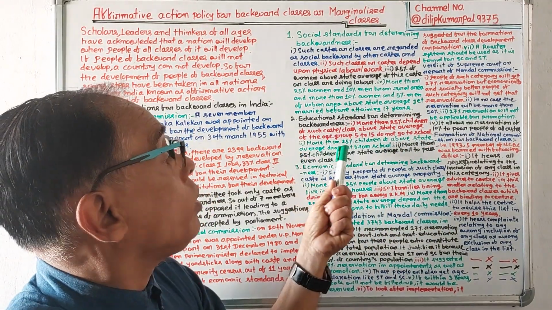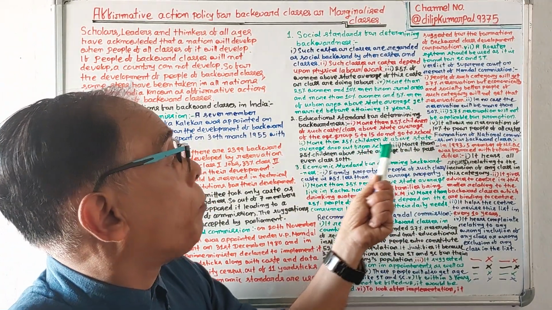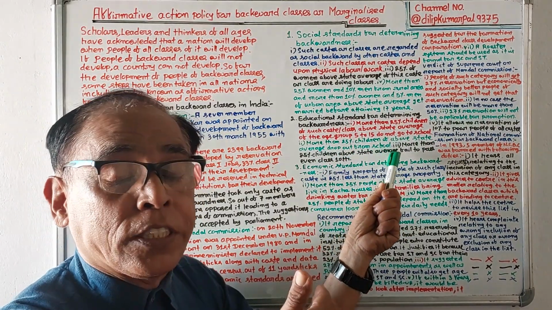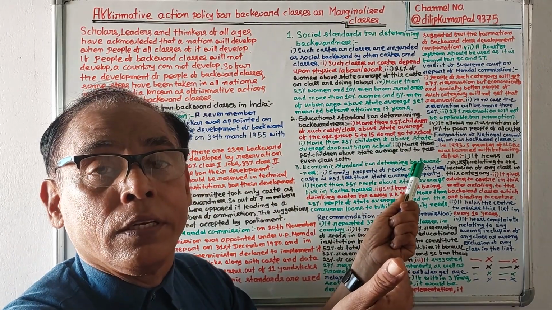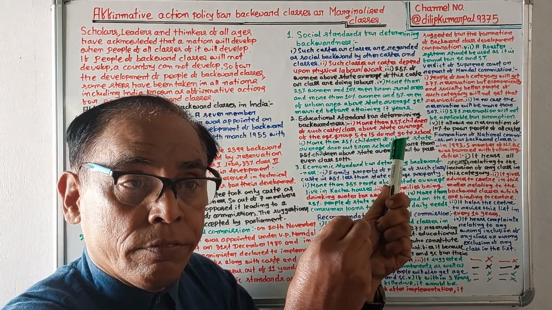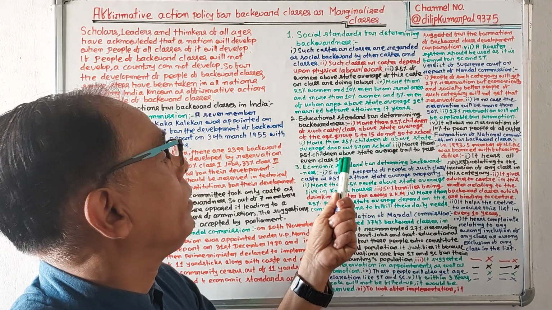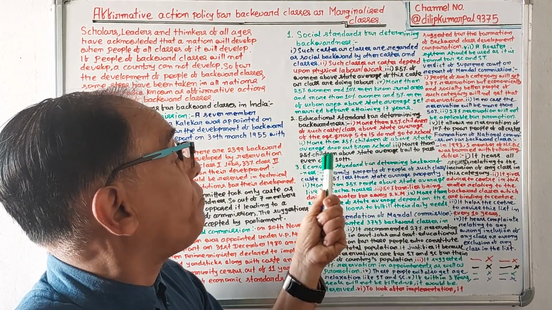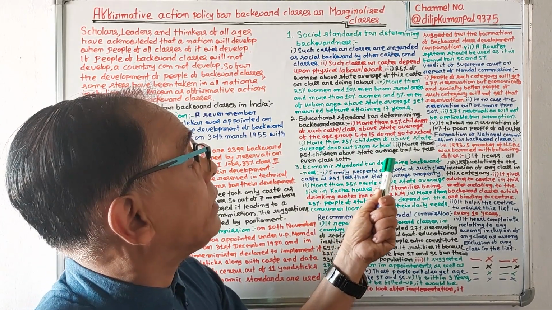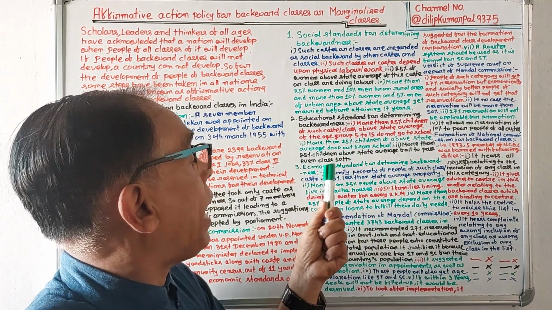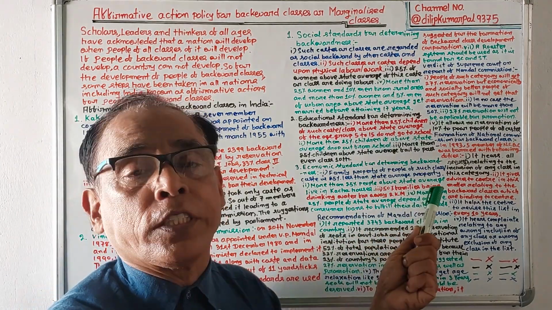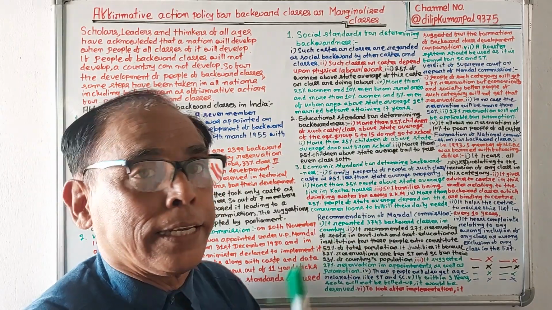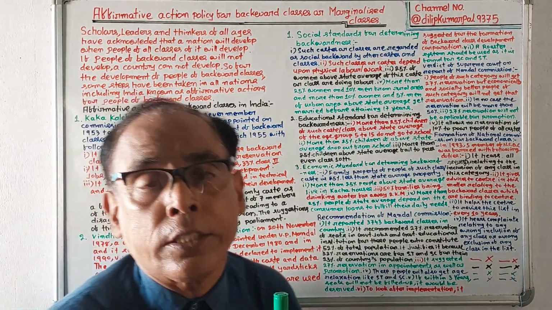Number 2, more than 25% of children above the state average drop out from school. Number 3, more than 25% of children above the state average fail to pass even class 10. These are the 3 educational standards.